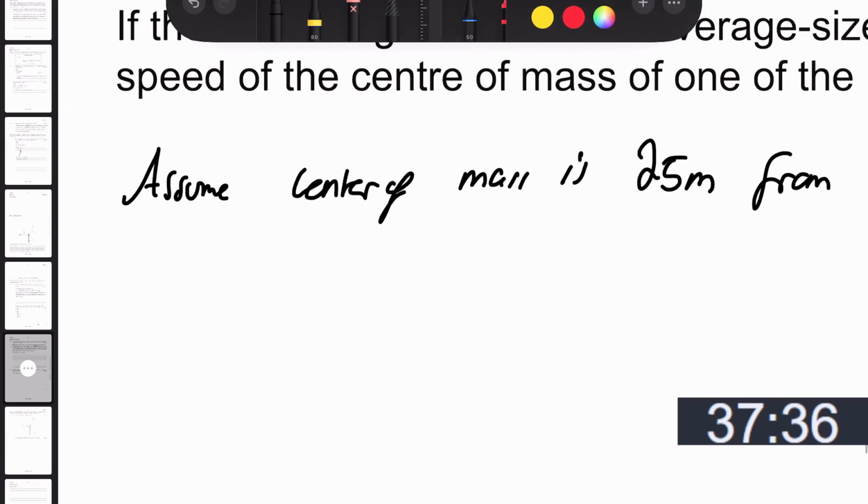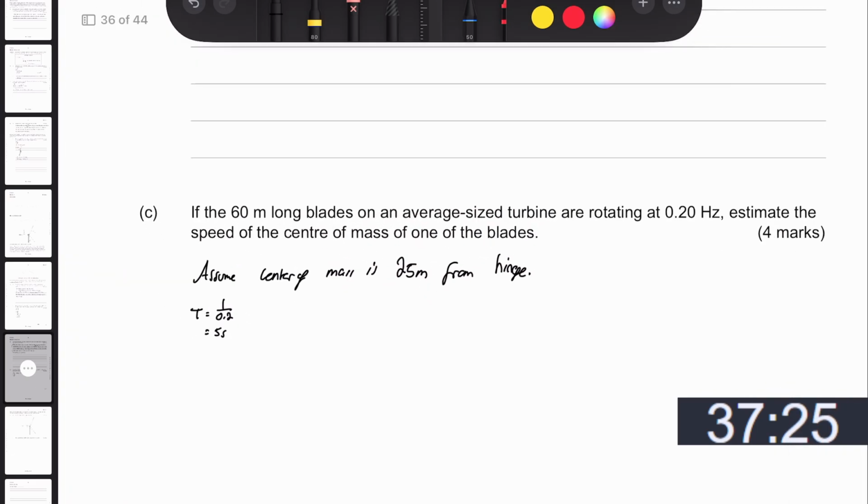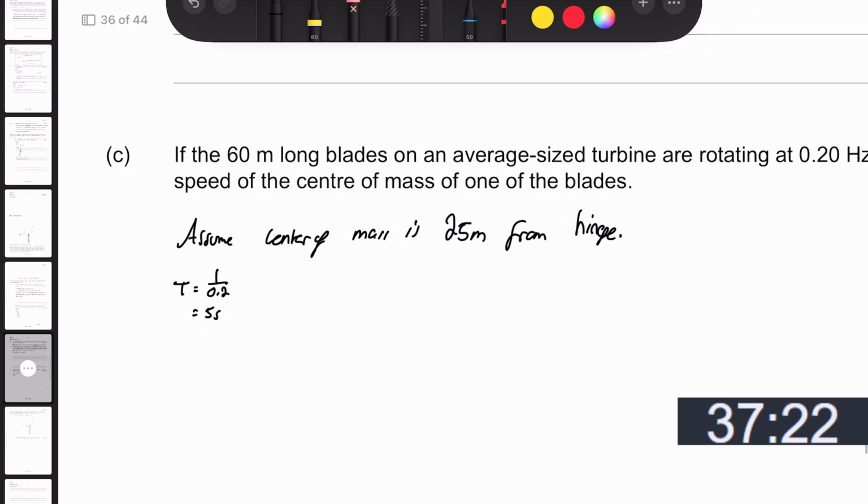So the frequency is 0.2 Hertz, so the time is equal to 1 over 0.2, which is 5 seconds.